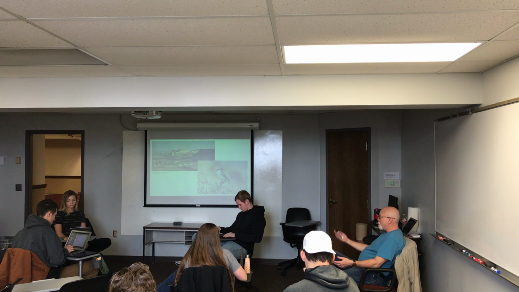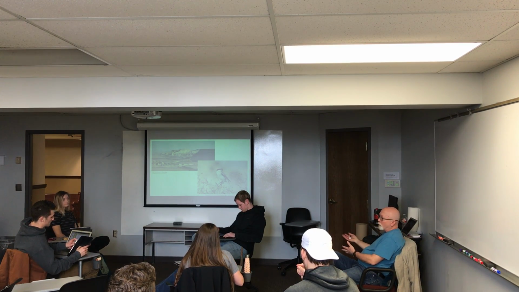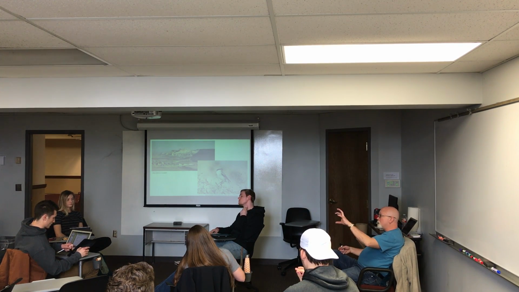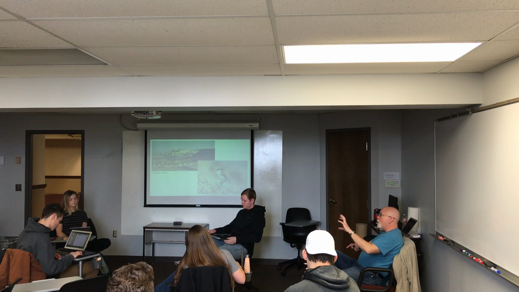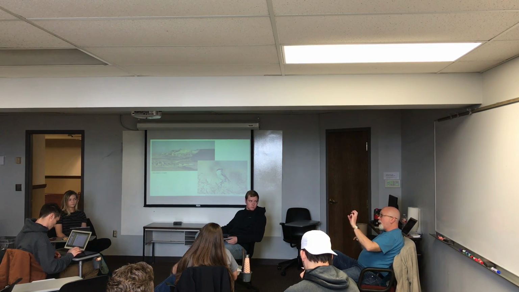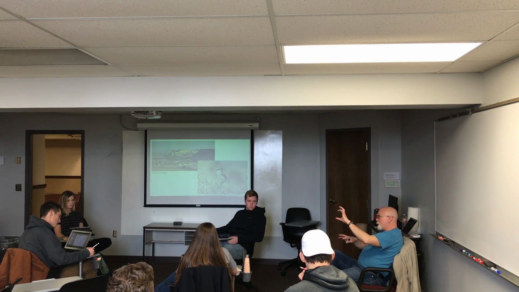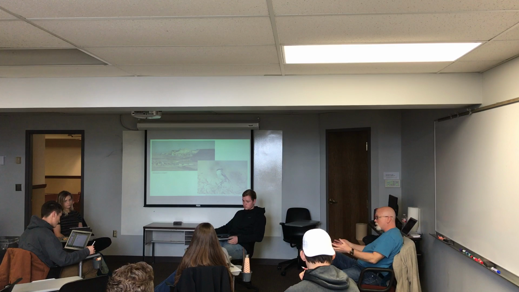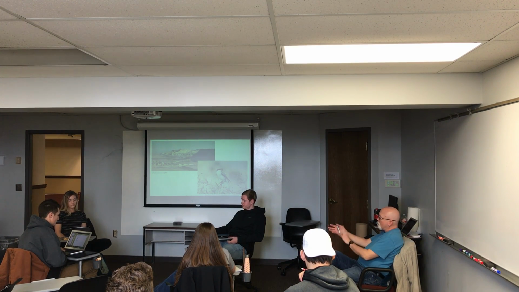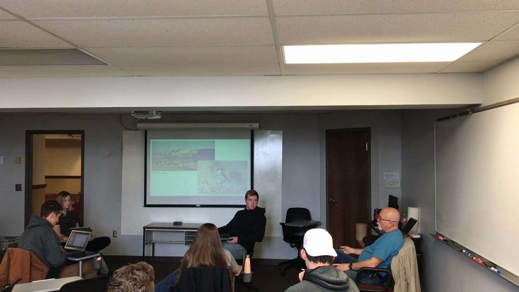So if size is important for holding a territory, and the bigger you are, the better the territory, that would invariably have an effect on cache size. Then body size and cache size are correlated with one another, and both are simultaneously influencing mating success. So how does body size influence mating success, holding cache size and territory quality and all these other things constant? It's a good technique for getting at more than what they addressed in this paper, because they really were just focused on cache size.